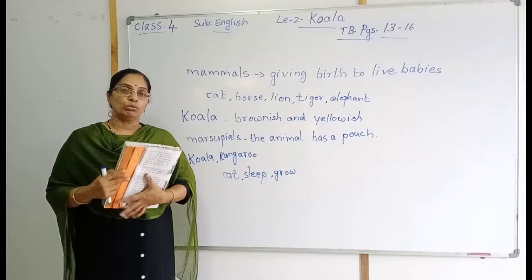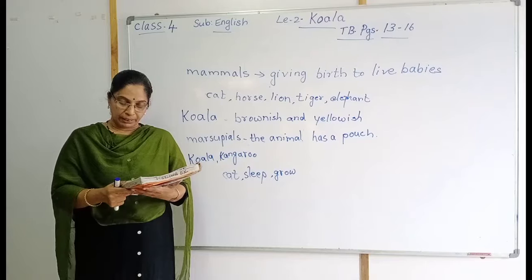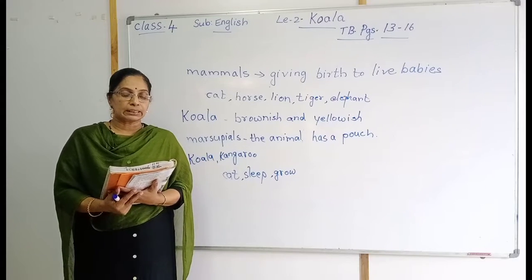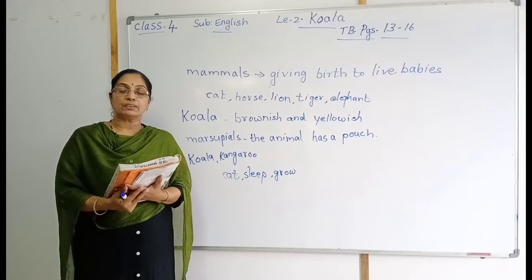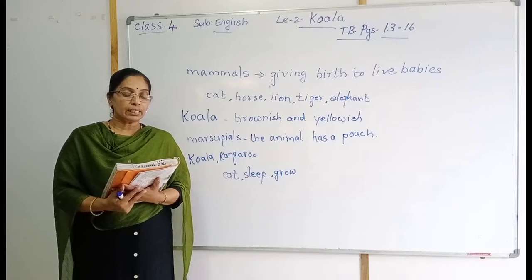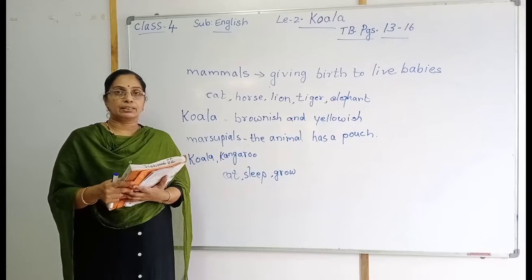Okay, now we'll see what is going on. Page number 15. A koala eats the leaves of eucalyptus trees. What does it eat, children? The leaves of eucalyptus trees.